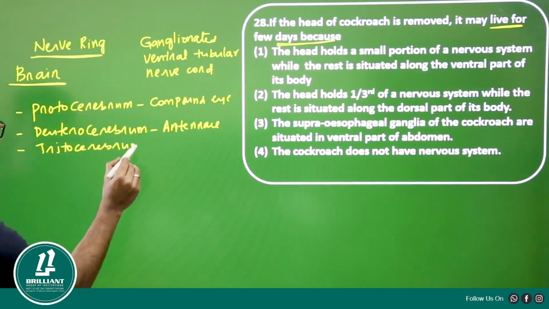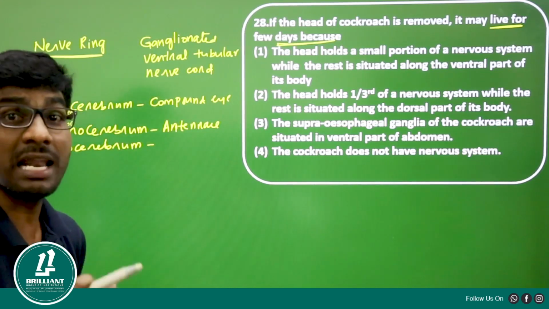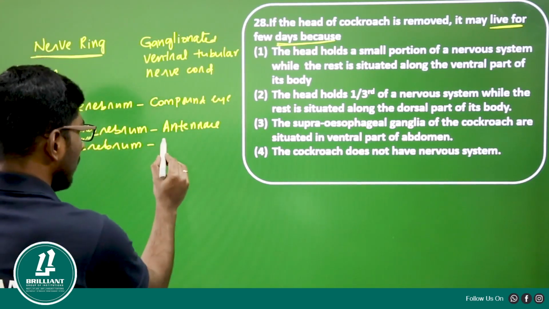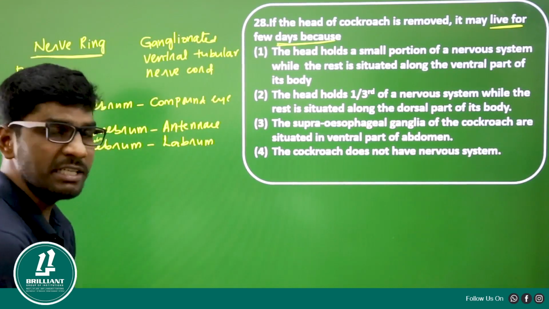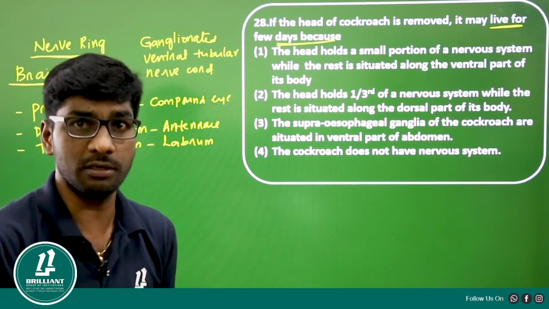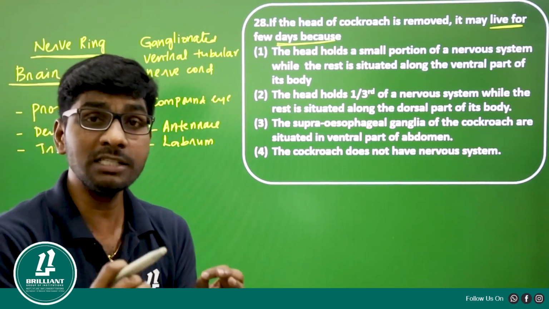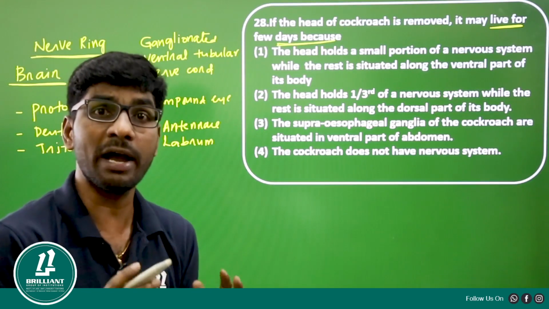Tritocerebrum. So this tritocerebrum receives sensory impulse from labrum, upper lip. Labrum. So principally the brain is involved in sensory impulse absorption. Here, brain is present above the esophagus.